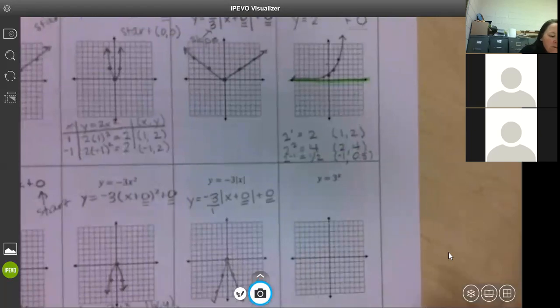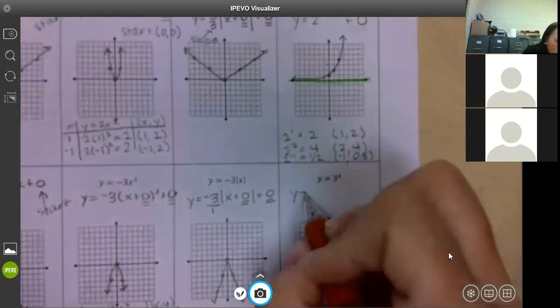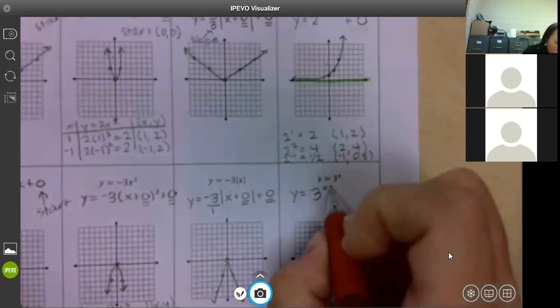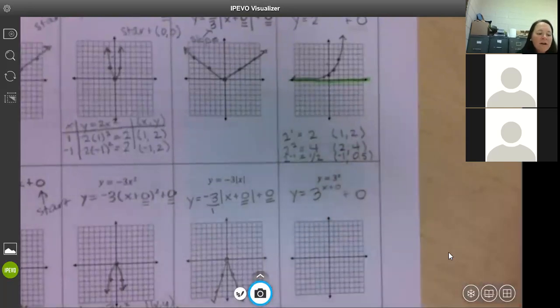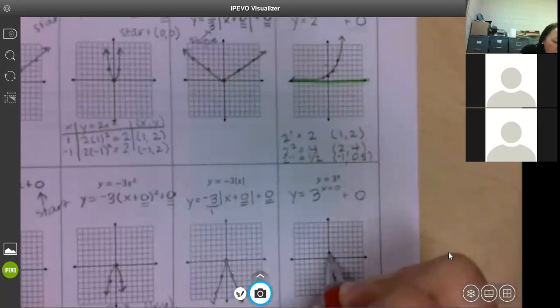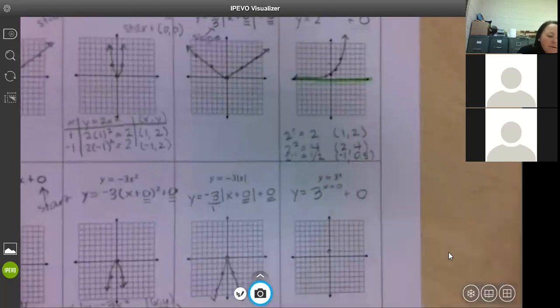So y equals 3 to the x. We're going to rewrite it: 3 to the x plus 0 plus 0. Now, where is my y-intercept? One. Always at 1 unless there's something added to the end.